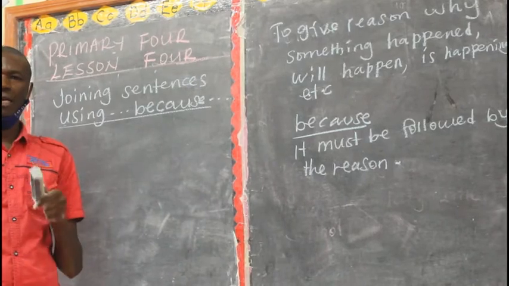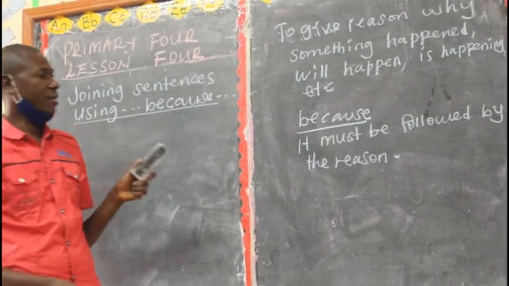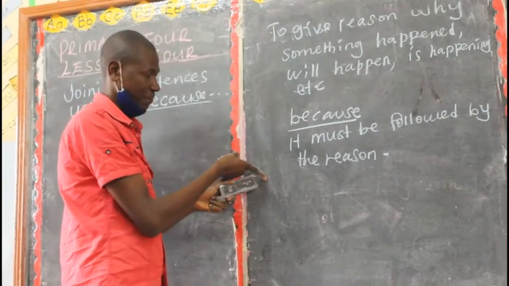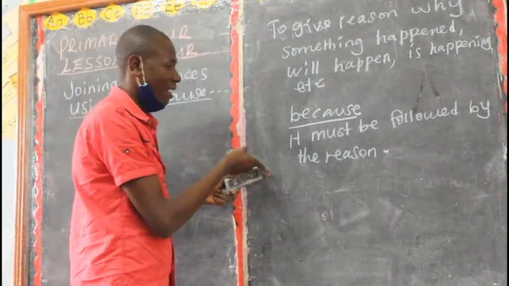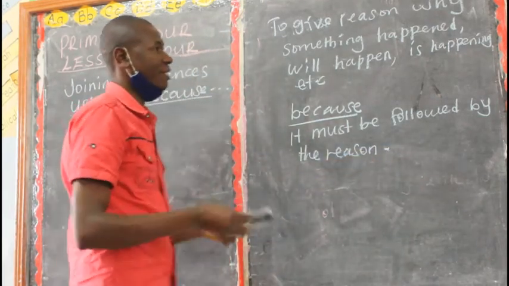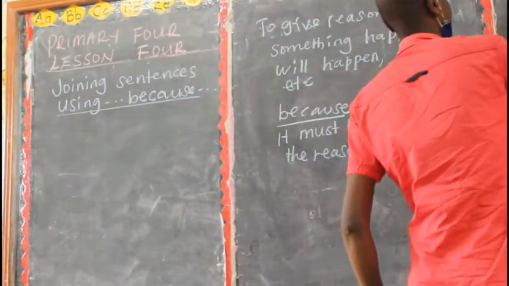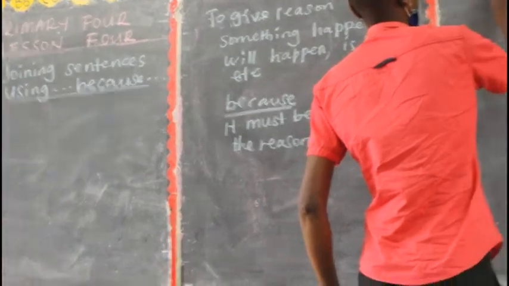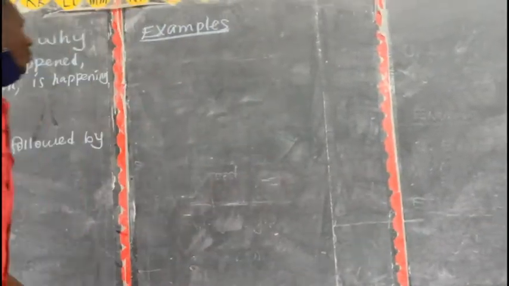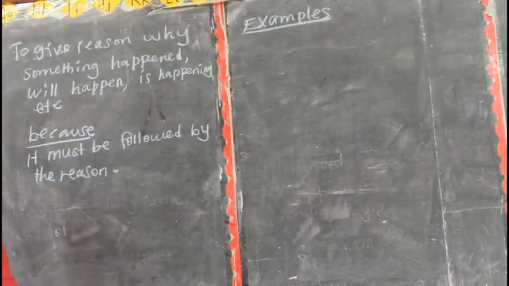Must be followed by the reason. That means that in a sentence, we shall have the action and the what? The reason. Look at these examples here. In these examples, we are going to see the action and the reason.